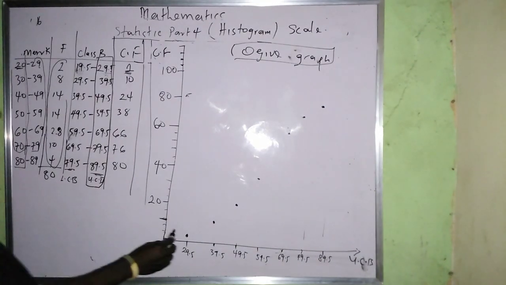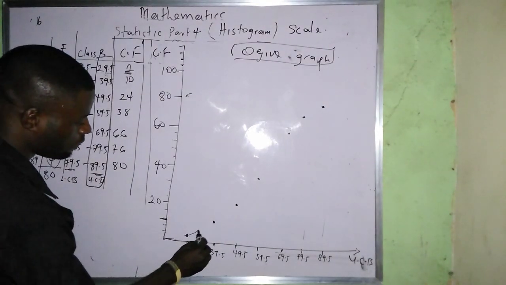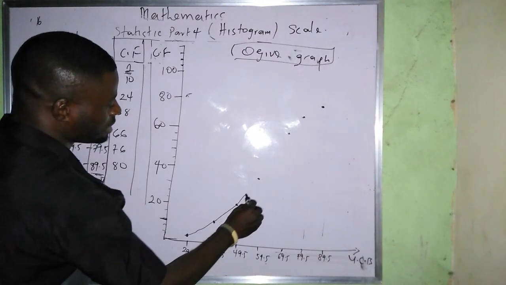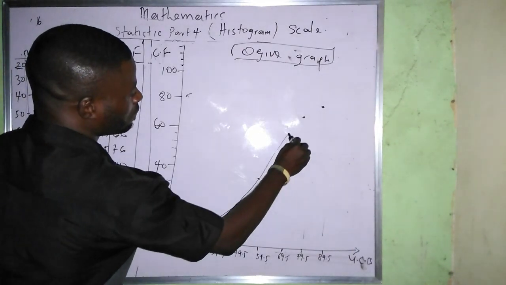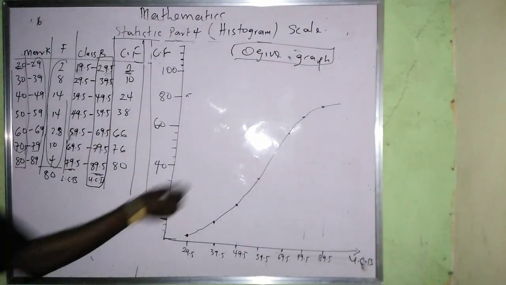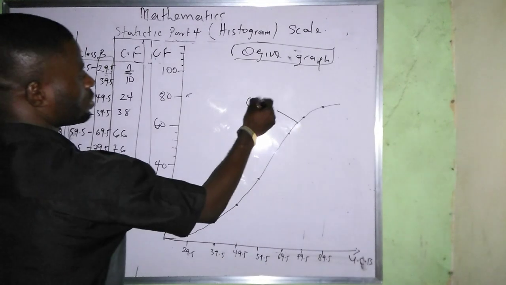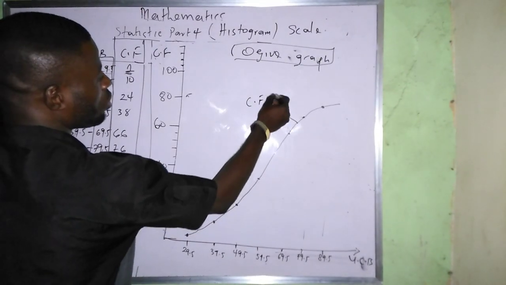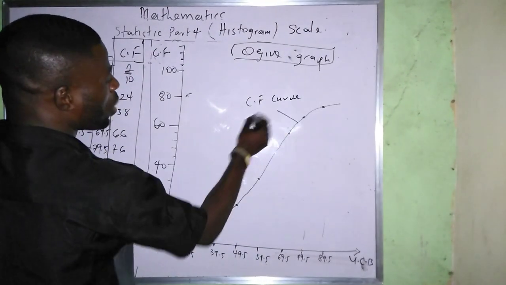Now, I will take my curve, as if we are plotting a quadratic curve. Now, this is called cumulative frequency curve, or we call it OGIF.